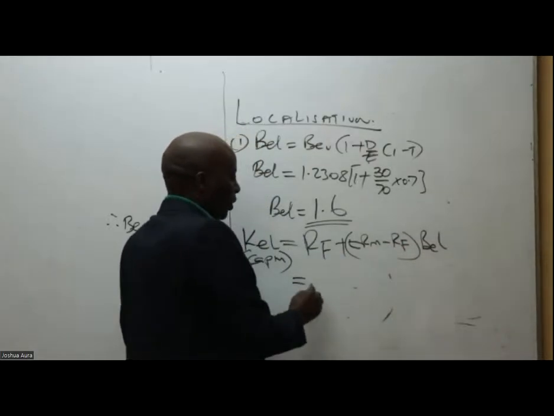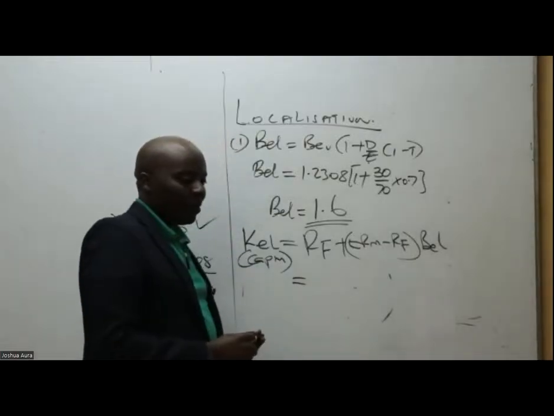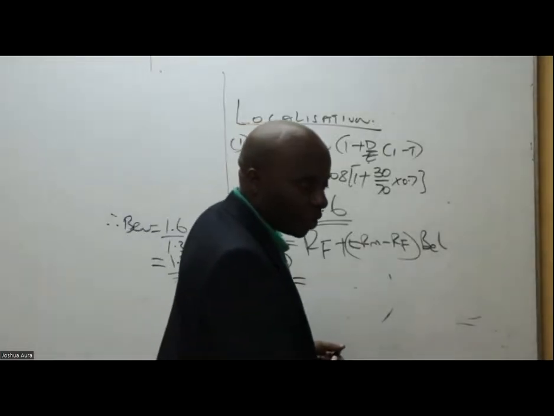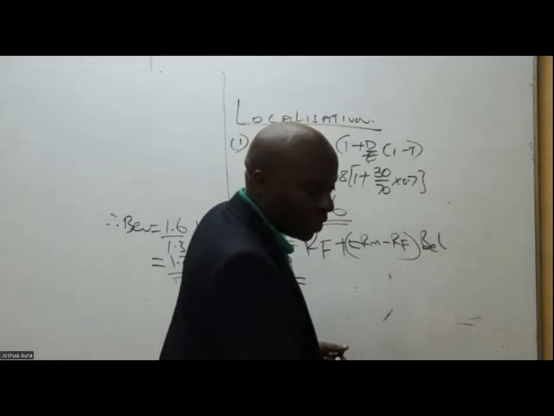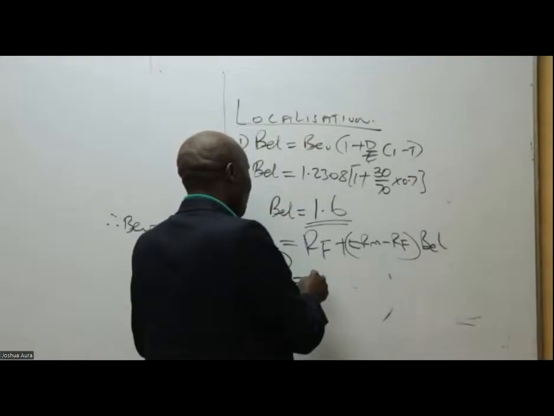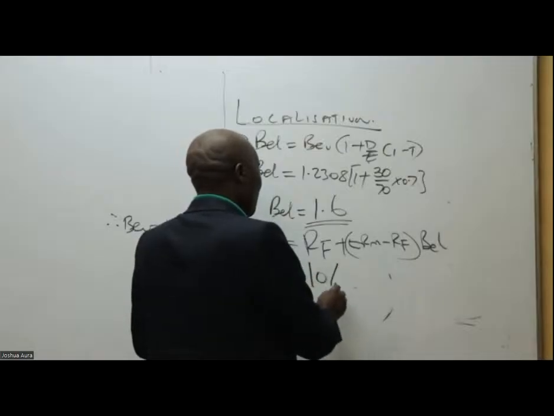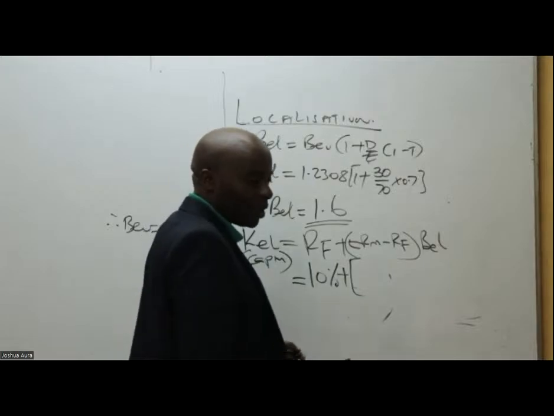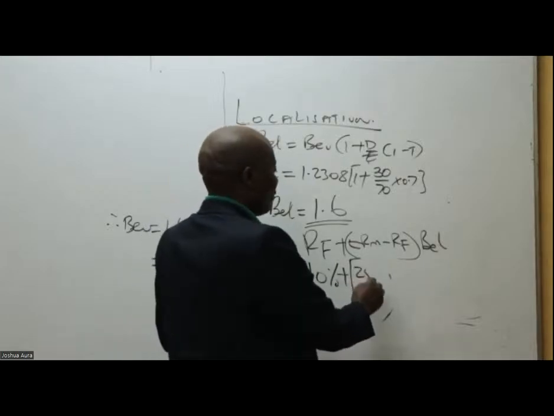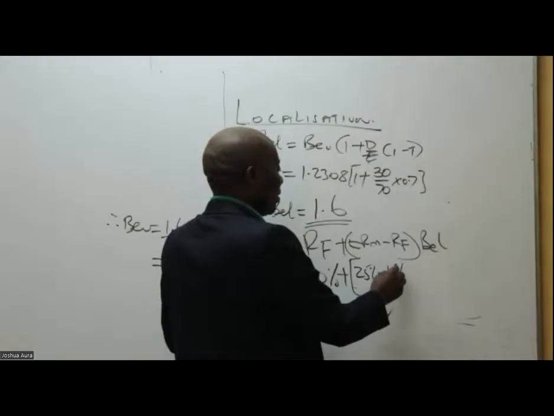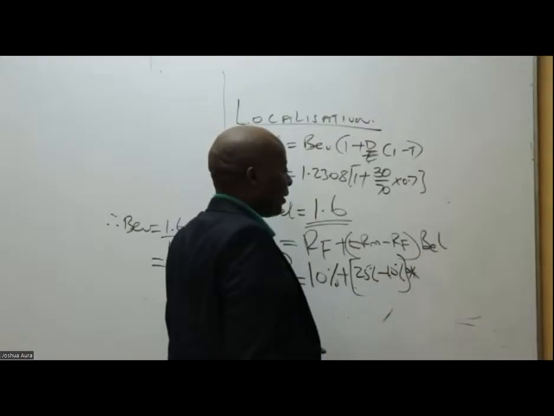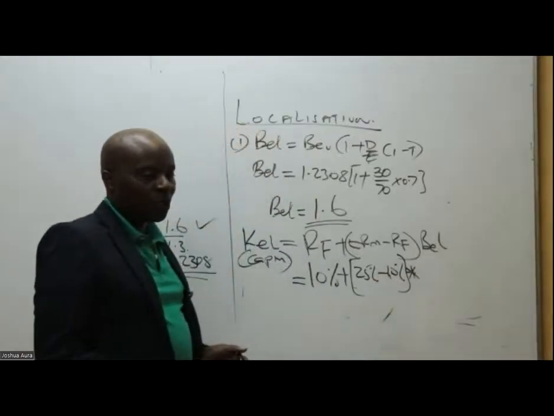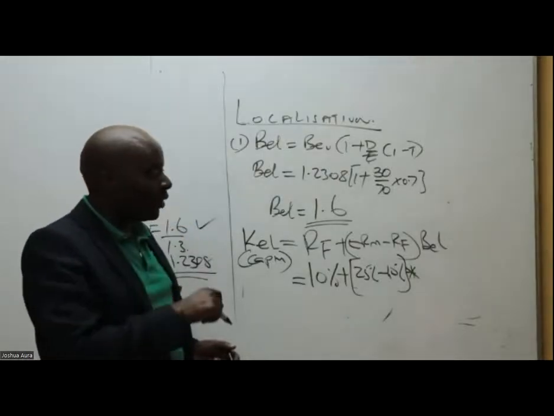Who can remember the risk-free rate of return? 10. Thank you so much. So risk-free rate of return is 10 here, plus market returns 25 minus 10%, multiplied by beta equity of a levered organization.